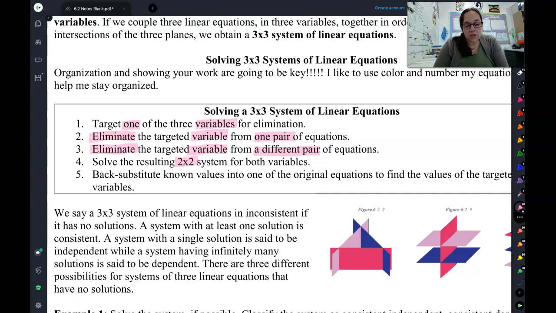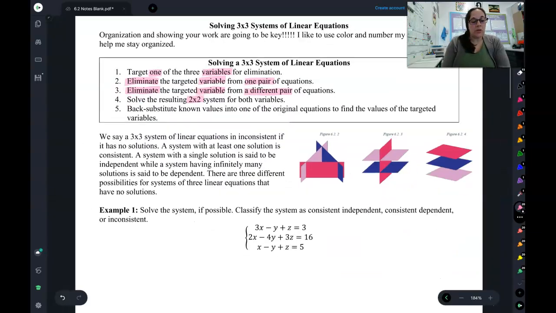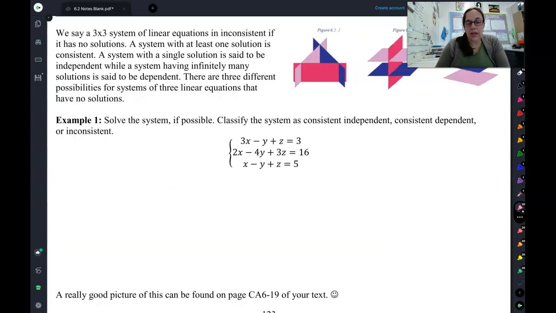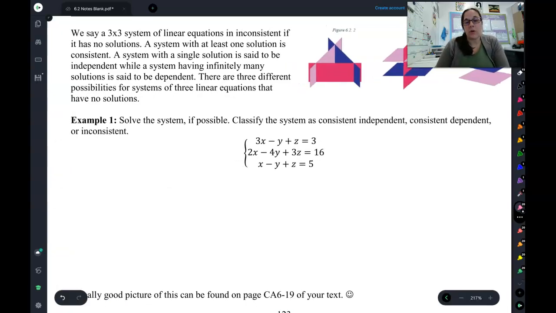And then the reason we get a 2 by 2 is then we can solve that using substitution or elimination, whichever method you prefer from 6.1. So that's kind of what we're doing today. We're blunt forcing it to make it look like a 2 by 2, so then we can solve it using substitution or elimination.